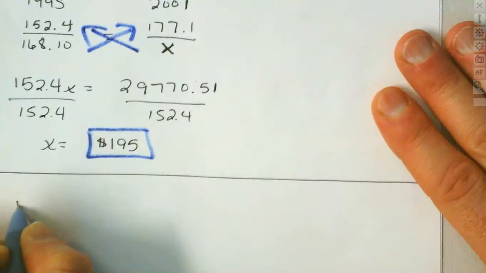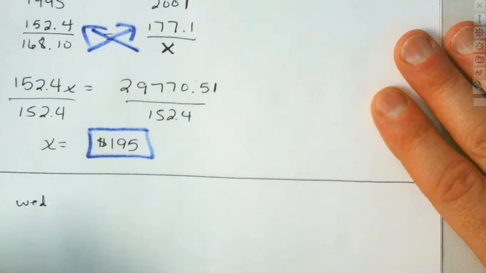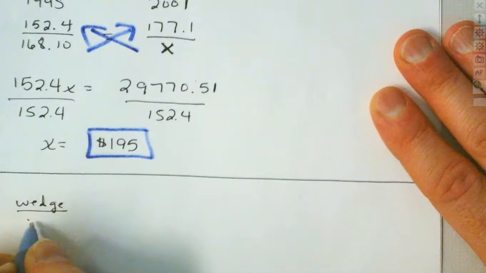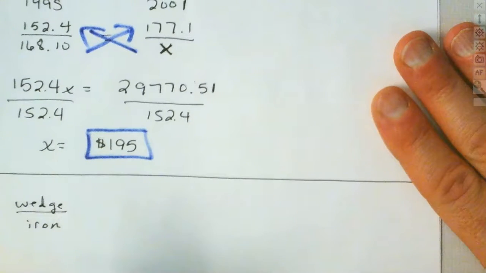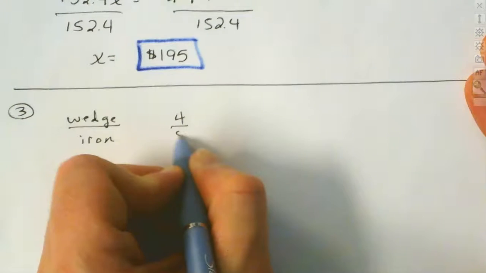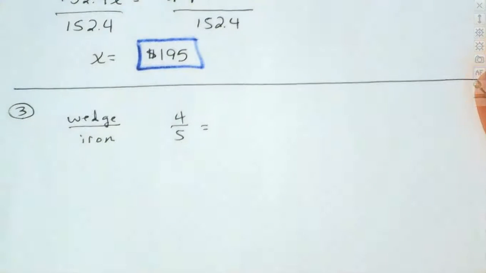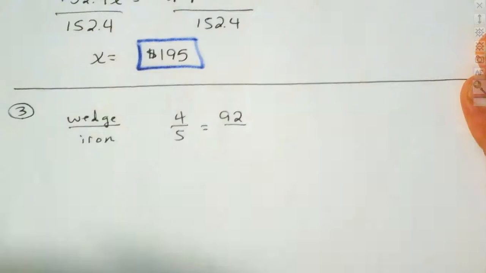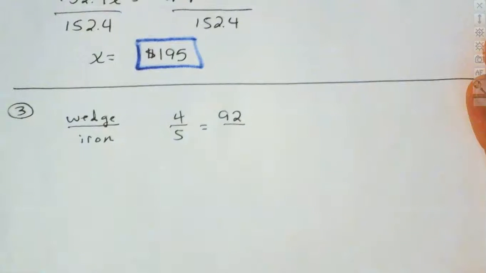So let's make sure we have this right here. Our ratio is going to be the wedge over the iron. Now, that ratio, it says, is 4 to 5, and that is the wedge to the iron. Now, it says the golfer averages 92 yards with the pitching wedge. So that means my 92 is going to go on top because that goes with the pitching wedge.